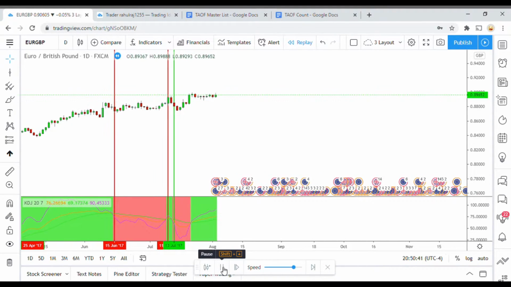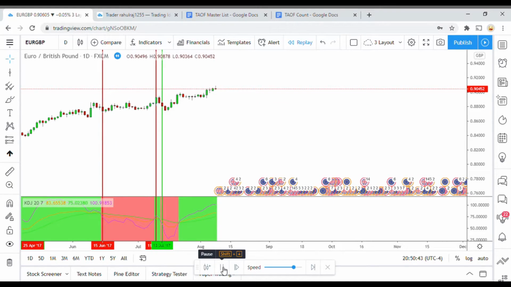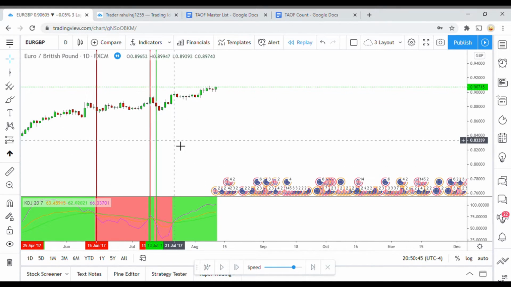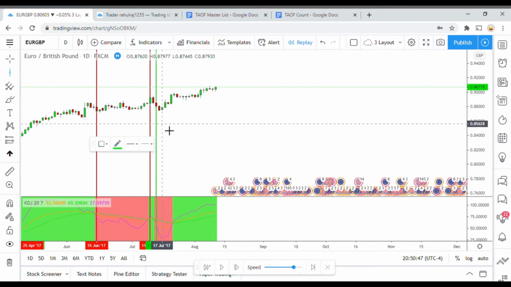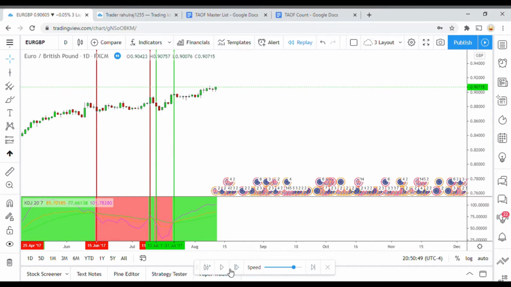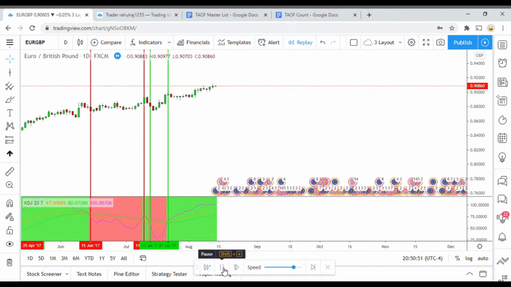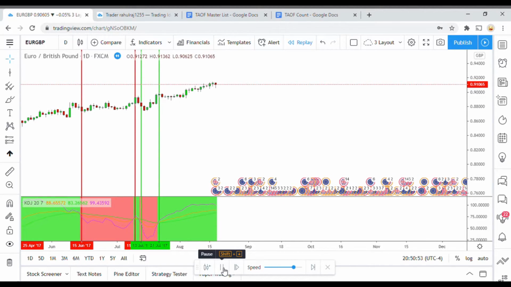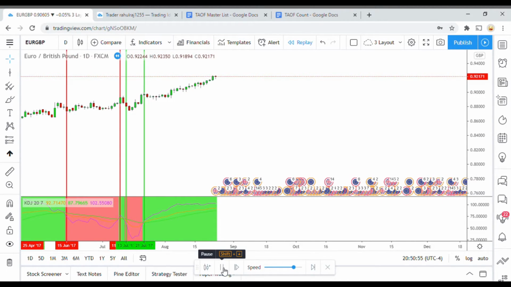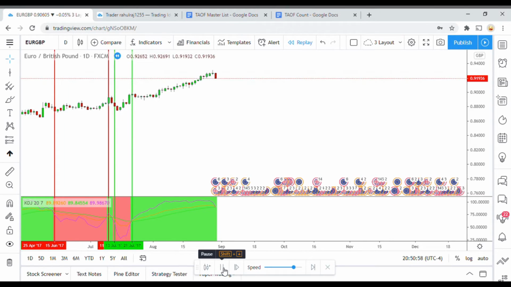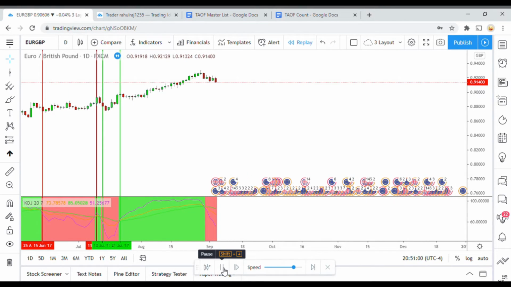Threw a long signal right there. Let's see if we can get a win out of it. Maybe, maybe, maybe. Yep. Looks like we got a win there. So this one isn't too bad.